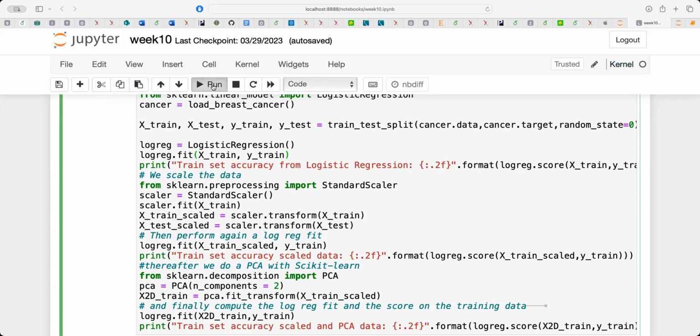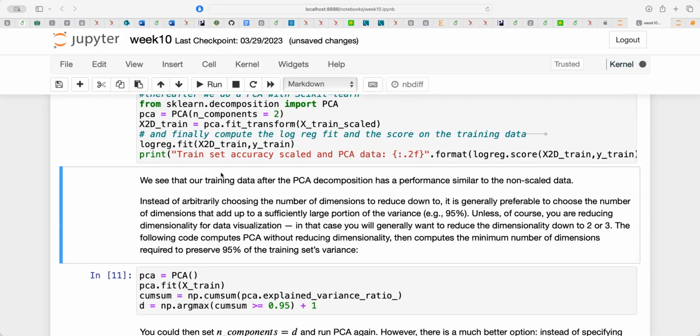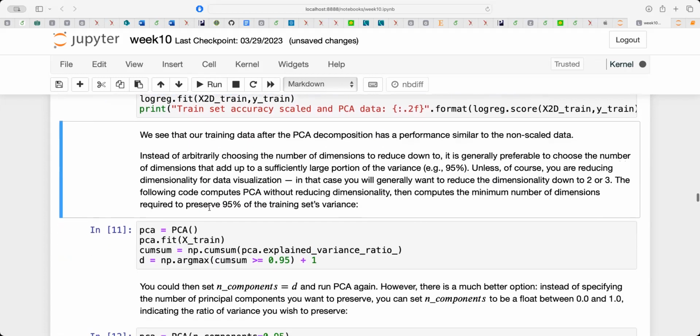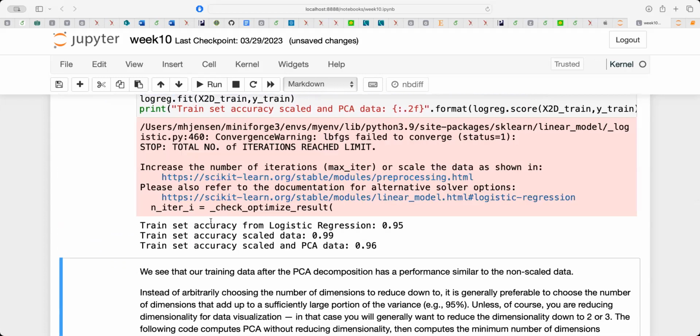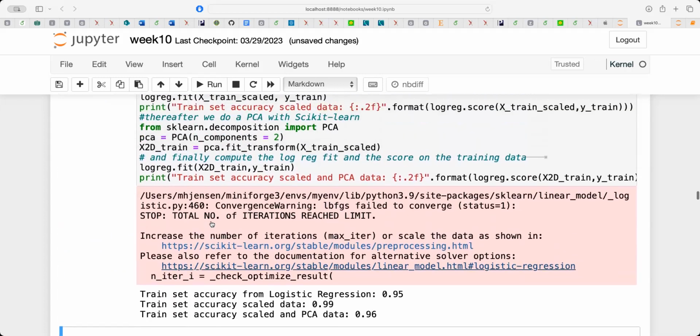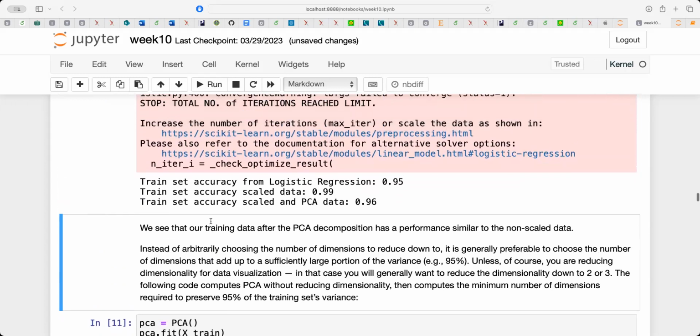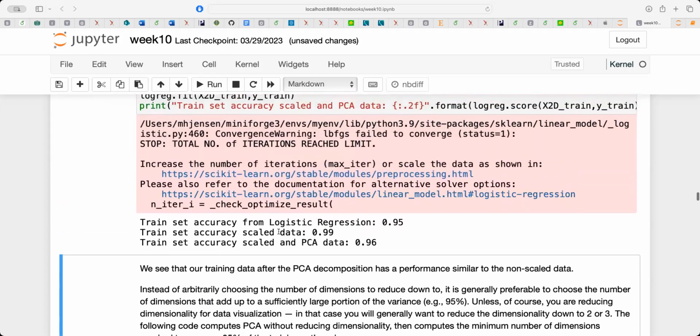And here you can do a PCA, and you can keep only 2 components. If you run that calculation, you keep only 2 of these components, and you can see the train set accuracy. This is the training which you do with logistic regression.